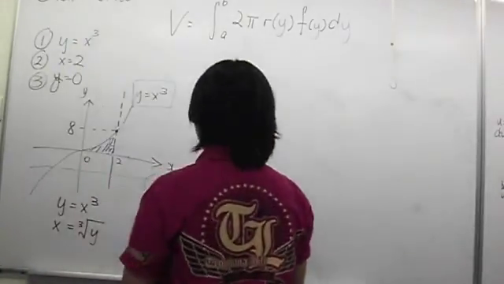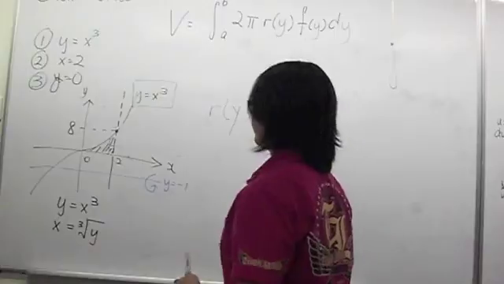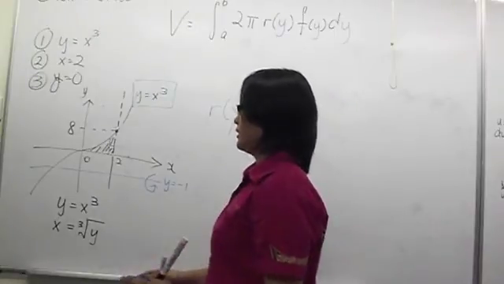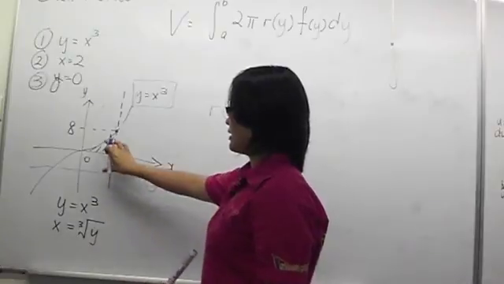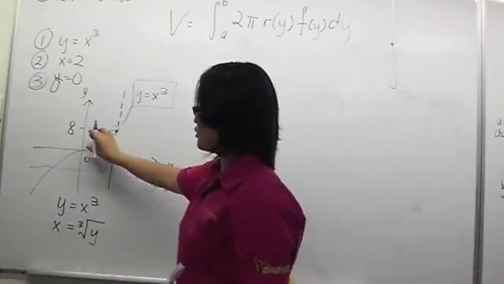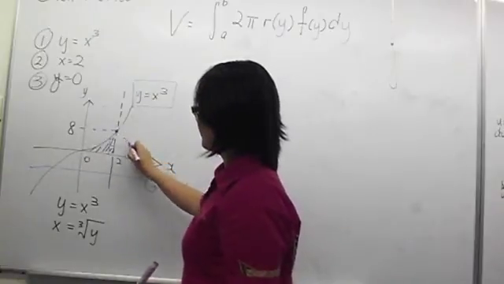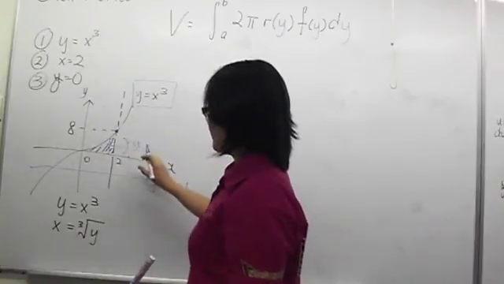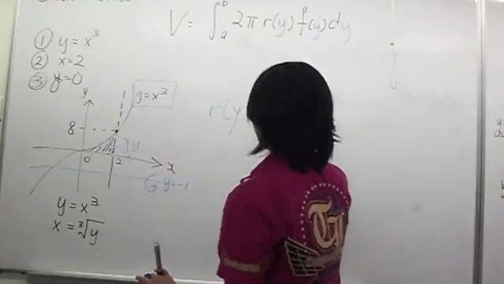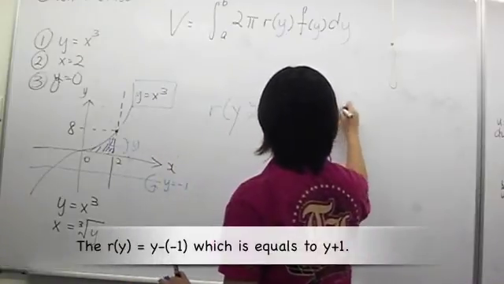So R(y) is basically this height, which is the value of y now, minus the below part, which is y minus -1.